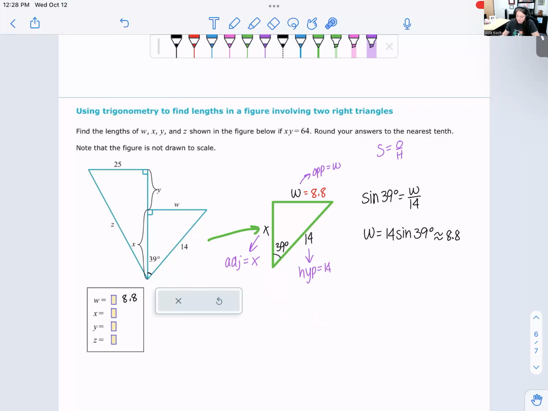Adjacent with hypotenuse gives us cosine. So we have cosine of 39 degrees equal to adjacent X over hypotenuse 14. So X is equal to 14 cosine of 39 degrees.